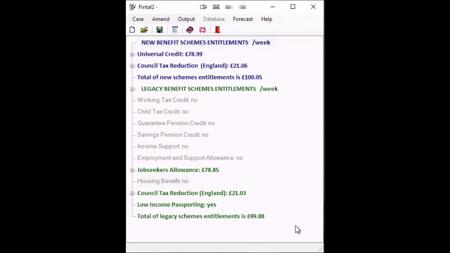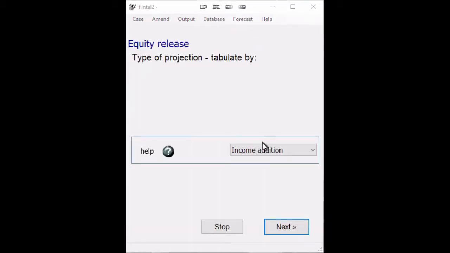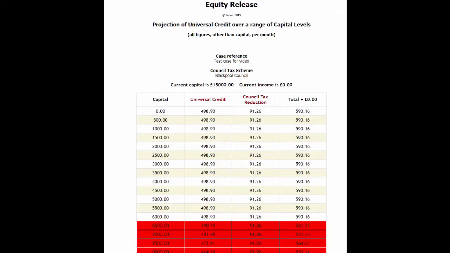Now we will look at the effects of taking an equity release scheme on these products. So first of all, we'll look once again at a capital scheme. With a couple who are both under pension age, the situation is very different for the results of an equity release product.